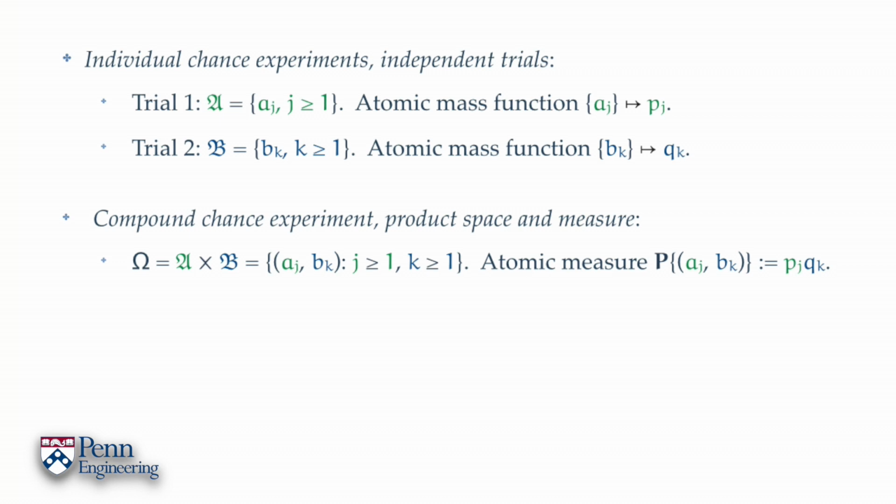Suppose the first trial results in the result A sub j, the second trial results in B sub k, then we have an atom (A sub j, B sub k), to which we attach the probability P sub j times Q sub k. This is where the independent trial part of the experiment comes into play. Independent trials means that the compound probability mass function is obtained by taking as a product the individual masses.